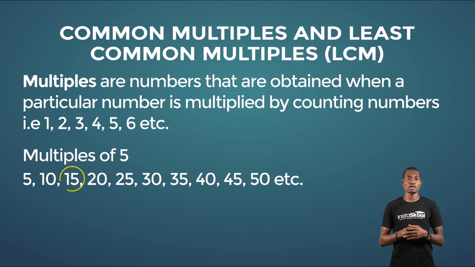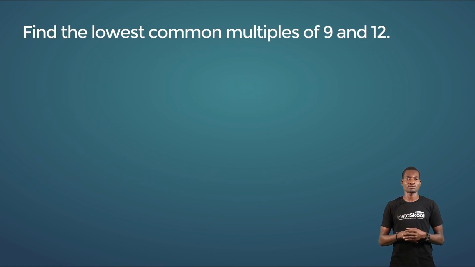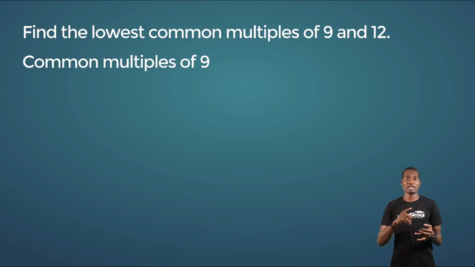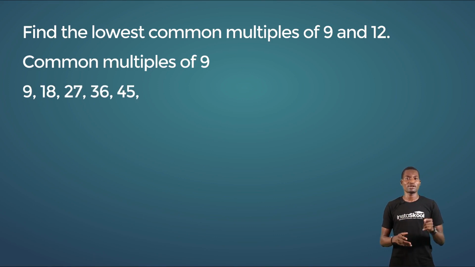Now let us use this example to understand how to find the least common multiple, or the LCM, of two numbers. First off, we're starting with the LCM of 9 and 12. The first method we can use is the method of common multiples. So we write out all the multiples of 9. That gives us 9, 18, 27, 36, 45, 54, 63, 72, and the rest.